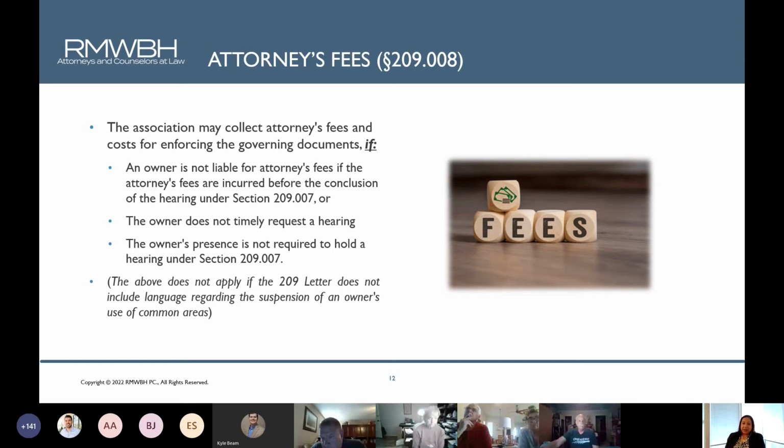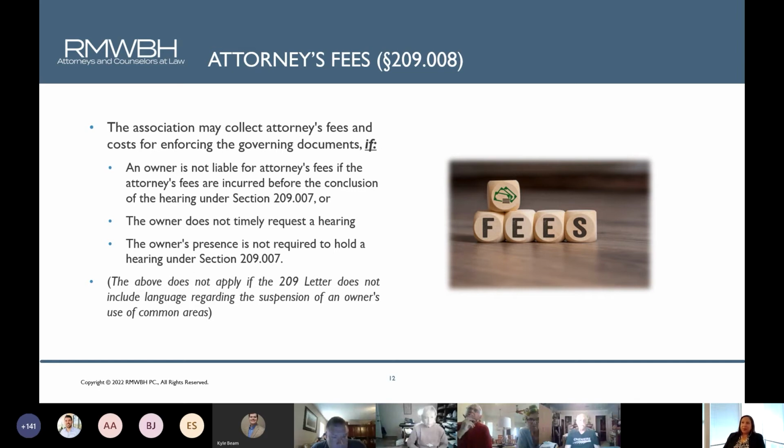209.008 says the association can only collect attorney's fees if it does take certain actions, but that the homeowner is not liable for attorney's fees until the association has sent this 209 notice and before the conclusion of the hearing under 209.007.